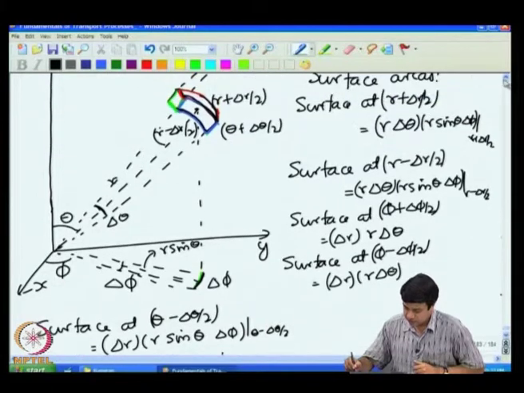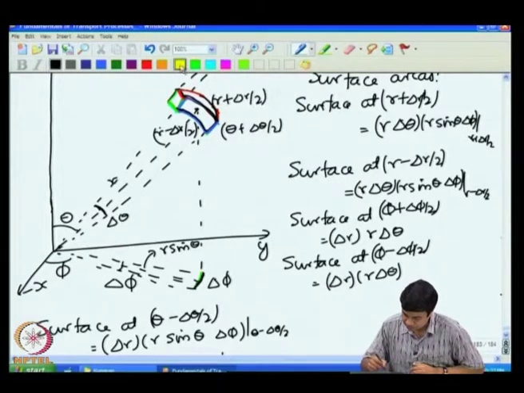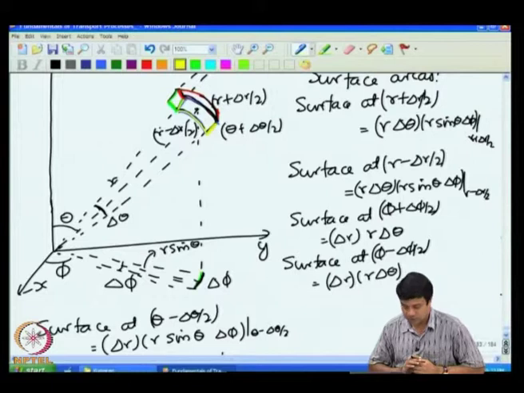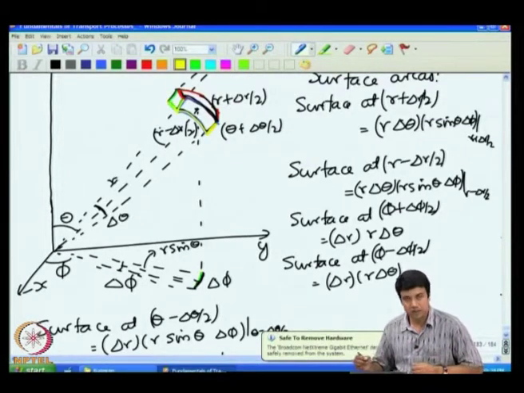This is a surface which has sides delta r in this direction. In this direction the side is r delta theta, and in the phi direction, this side is r sin theta delta phi.